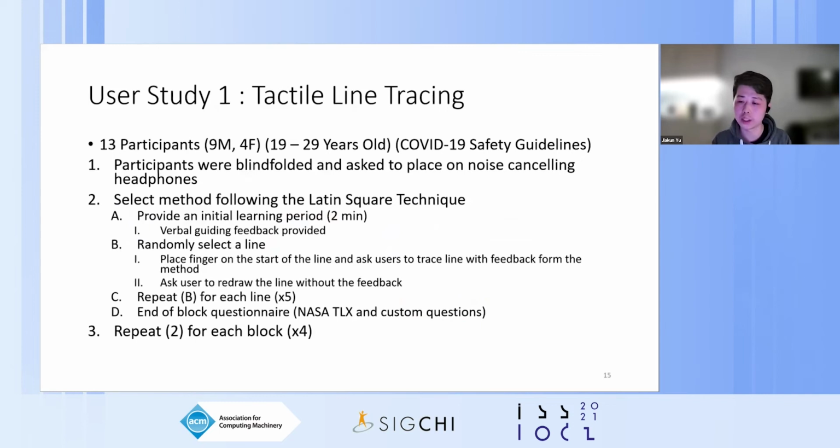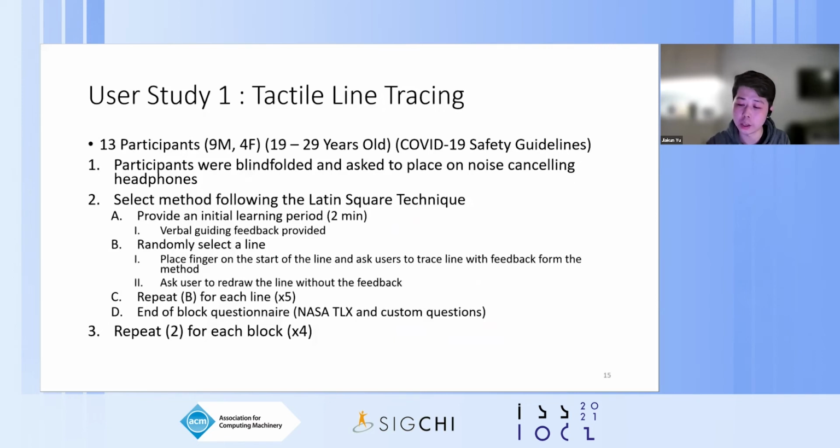So we conducted 2 user studies to evaluate our tactile feedback methods. In the first user study, we had 13 participants. Participants were blindfolded and asked to put on noise-canceling headphones. Then for each of the methods, we provided users an initial learning period on how to utilize the method.